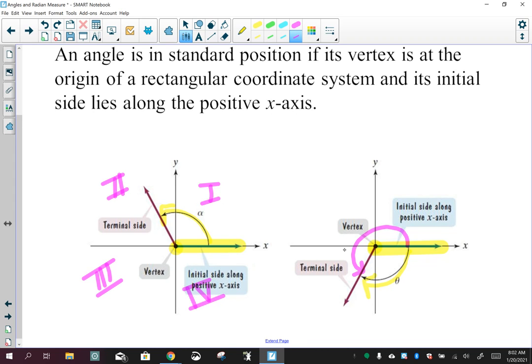But if I'm going in that direction this way, so counterclockwise, I'm going to wind up with a positive angle. So this side would be a positive angle, while this side would be a negative angle. Just pay attention to how it's telling you it's going to open, because if it tells you it's going to open counterclockwise, then you're not going to look at this part of the angle. You're only going to look at this part of the angle. So just be aware of that.